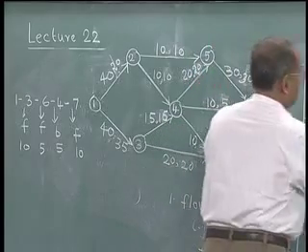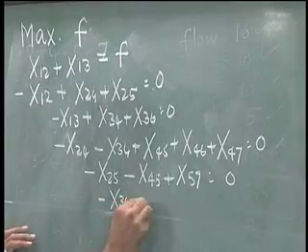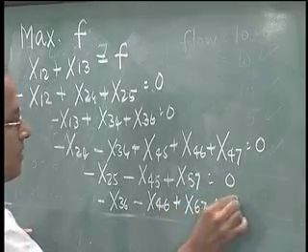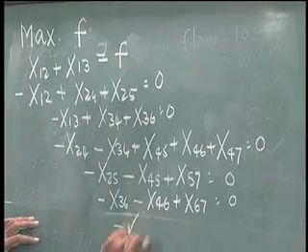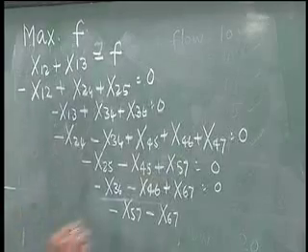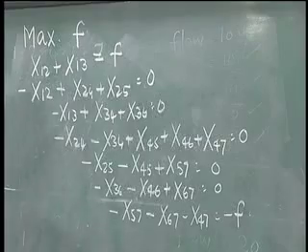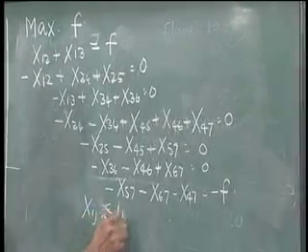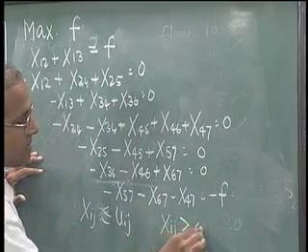For node 6 we will have minus x36 minus x46 plus x67 equals to 0, and for node 7 we have minus x57 minus x67 minus x47 equal to minus f, and then we have xij less than or equal to uij, xij greater than or equal to 0.